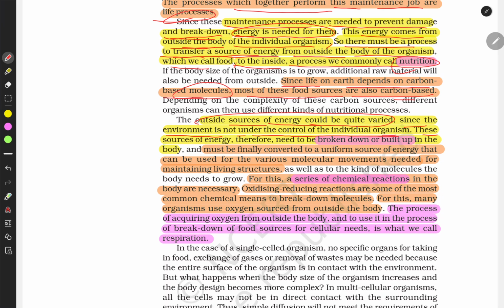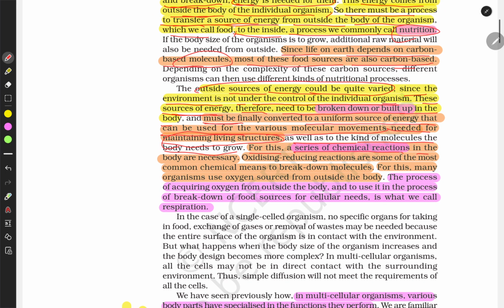So these sources of energy need to be broken down and built up in the body, and must finally be converted to a uniform source of energy that can be used for the various molecular movements needed for maintaining the living structure, as well as for the kinds of molecules the body needs to grow. For this, a series of chemical reactions in the body are necessary.